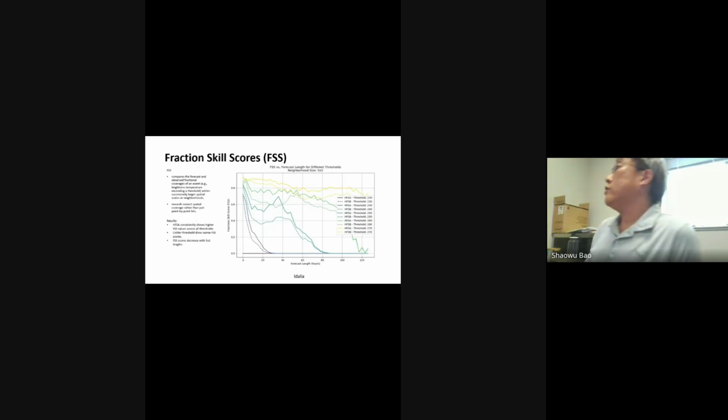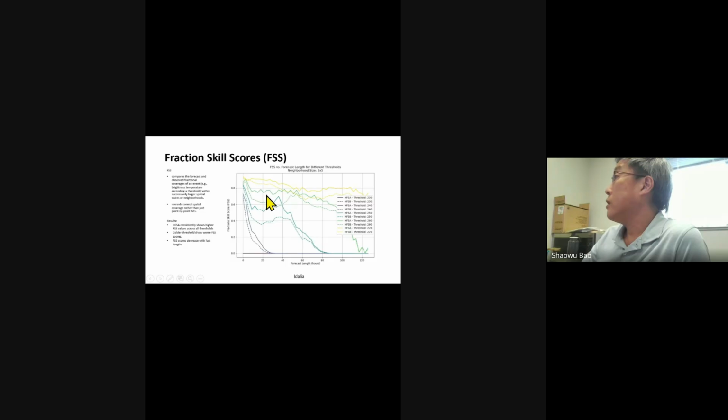So this is the fraction skill score for Hurricane Idalia. The results are basically similar to the result for Hurricane Lee, which shows that the HAFS A again consistently shows a higher score than HAFS B for all the thresholds.